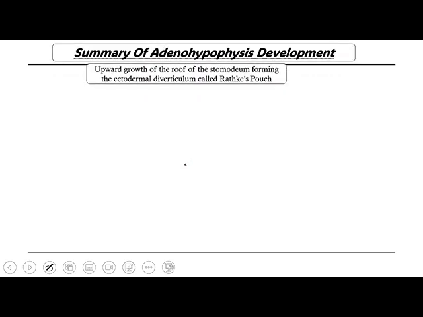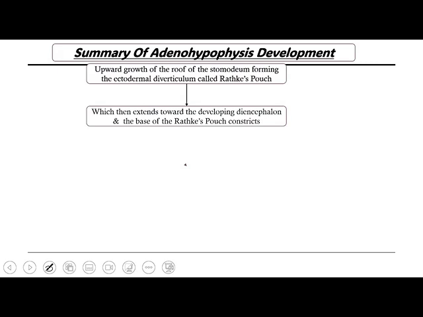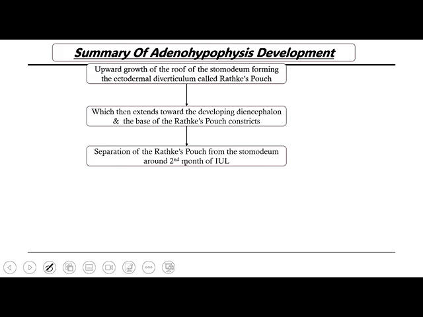Here is the summary of the adenohypophysis development. You can see there is the upward growth of the roof of the stomodium, forming the ectodermal diverticulum, which we called Rathke's pouch, and this happened during the third week of intrauterine life. And next, there is the extension of this diverticulum into the developing diencephalon, and with the extension, the base of the Rathke's pouch begins to constrict, and this constriction leads to the detachment of the Rathke's pouch from the surface ectoderm, and this happened during the second month of intrauterine life.